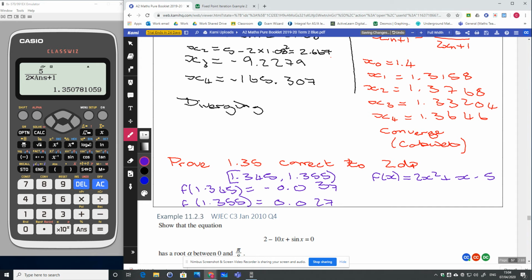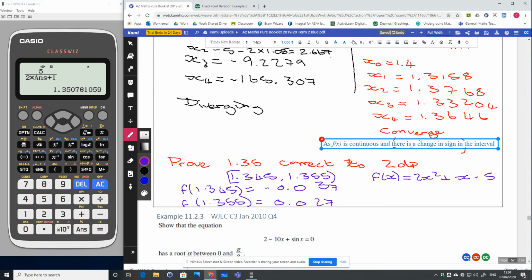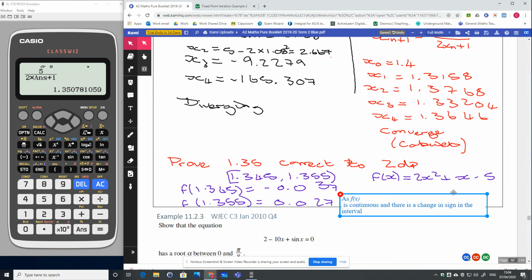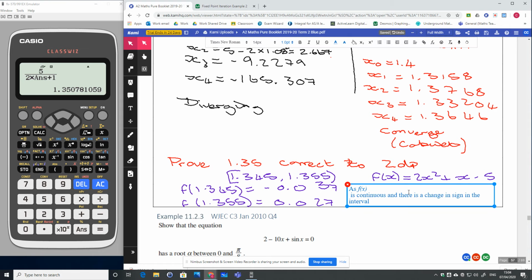So then you would be able to draw the same conclusion as we were drawing in the previous one. So f of x is continuous. We know it is because we have a quadratic, and it's continuous over the interval that we're given. And therefore there is a root.